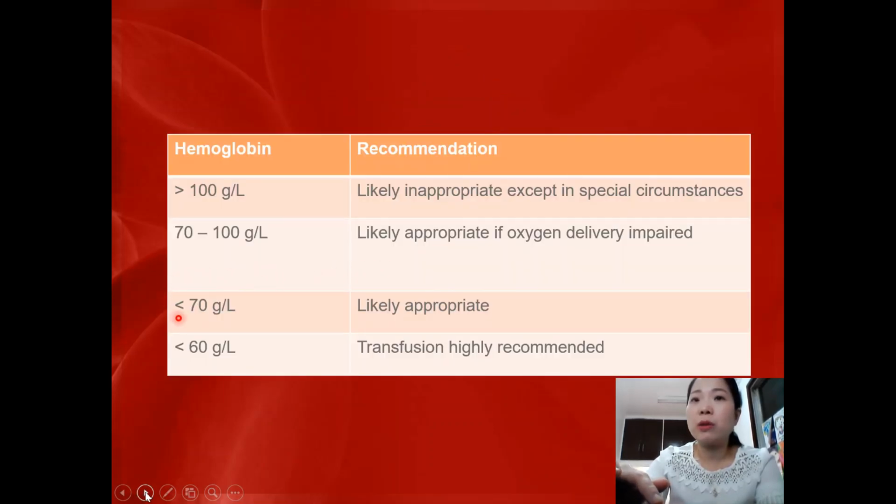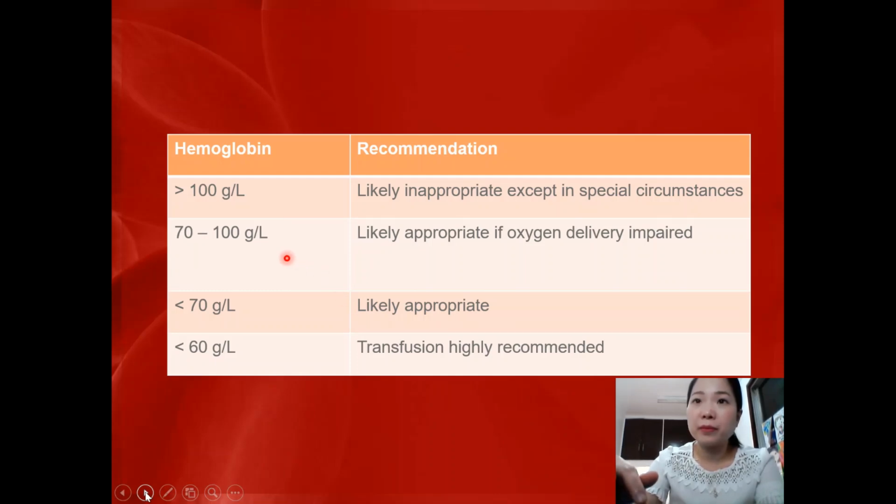Again, this is just a repeat of what we have discussed. If the hemoglobin is less than 70 grams per liter or 7 grams per deciliter, then most likely you have to transfuse your patient, even if this is peri-operative, but your patient is already acutely bleeding.